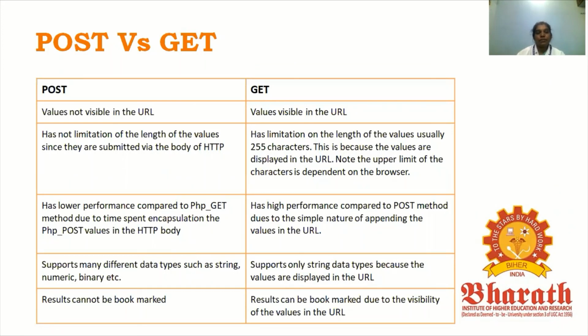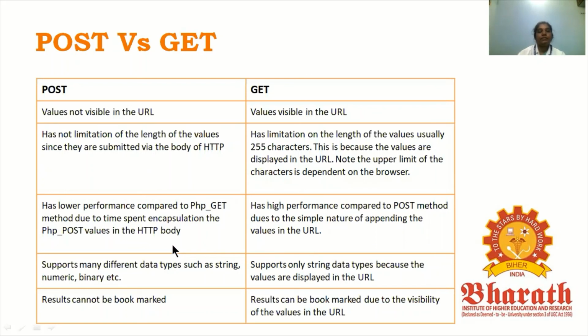Next, see the difference between POST and GET method. The first, very important difference: values are not visible in the URL for POST, but values are visible in the URL when you use GET. POST has no limitation on the length of the values, but GET has a limitation; it allows only 255 characters.